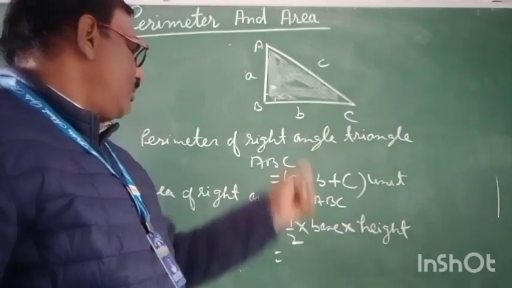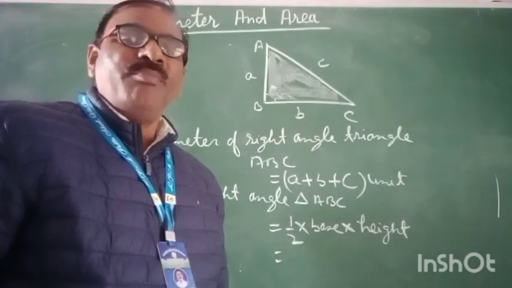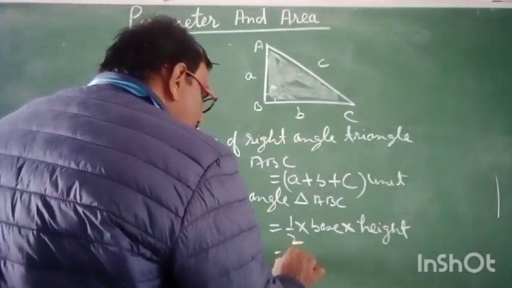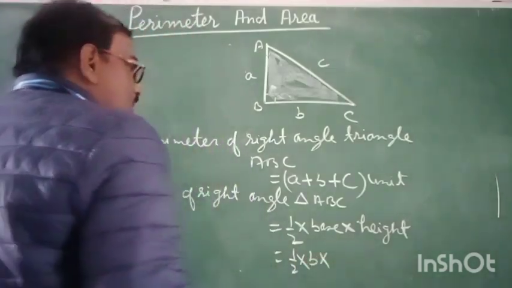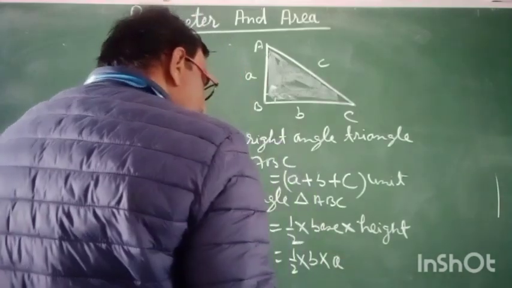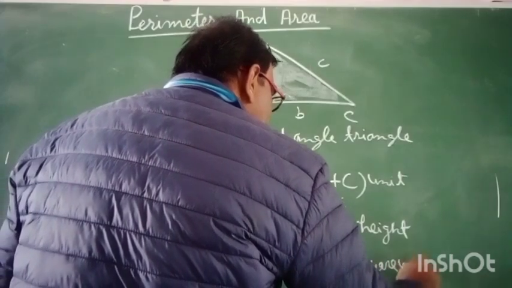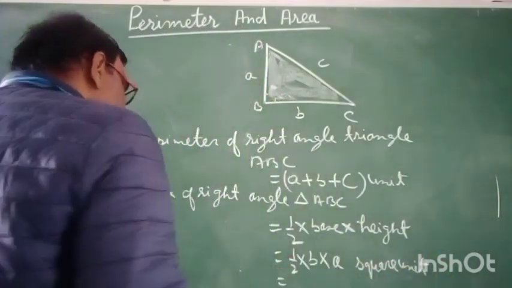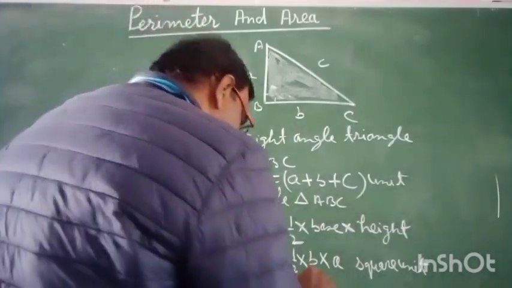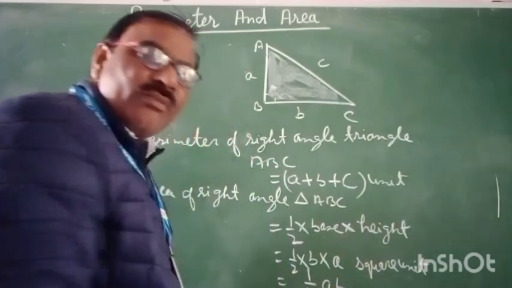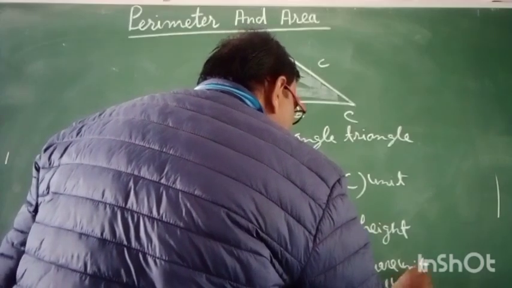Here the base is BC and the length of BC is B. So 1 by 2 into B into height, which is A, square unit. So the area of right angle triangle ABC will be equal to 1 by 2 into AB into BC square unit.